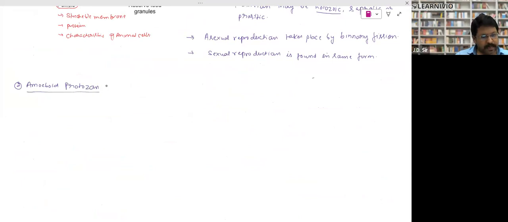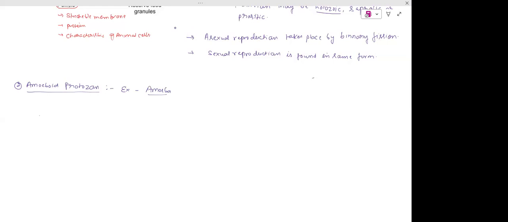The example of amoeboid protozoa is amoeba. So let's take the example of amoeboid protozoa.